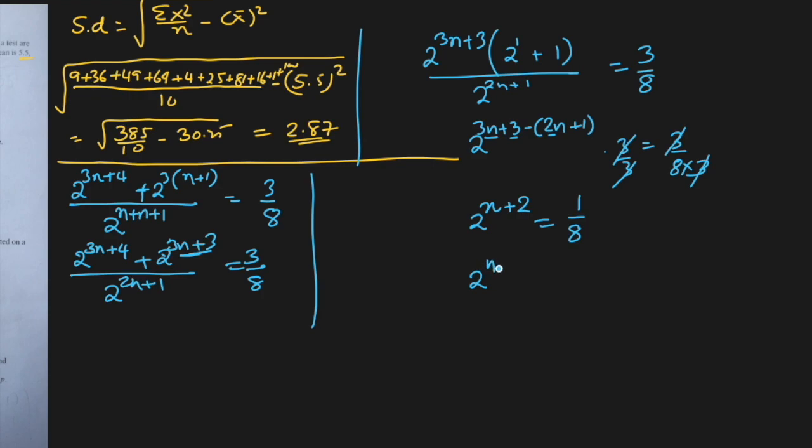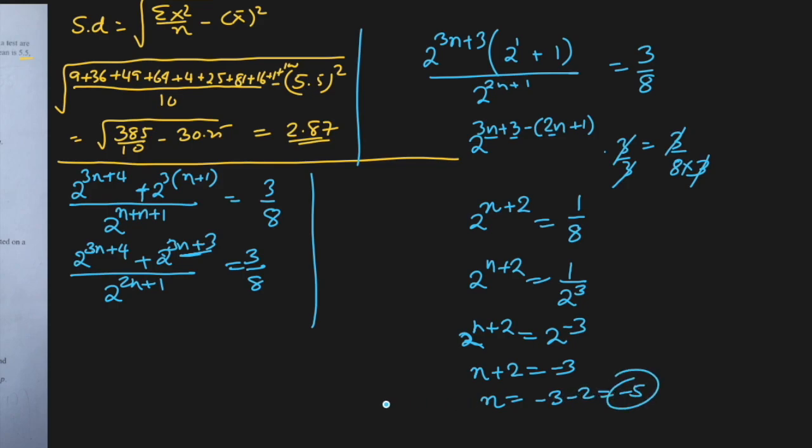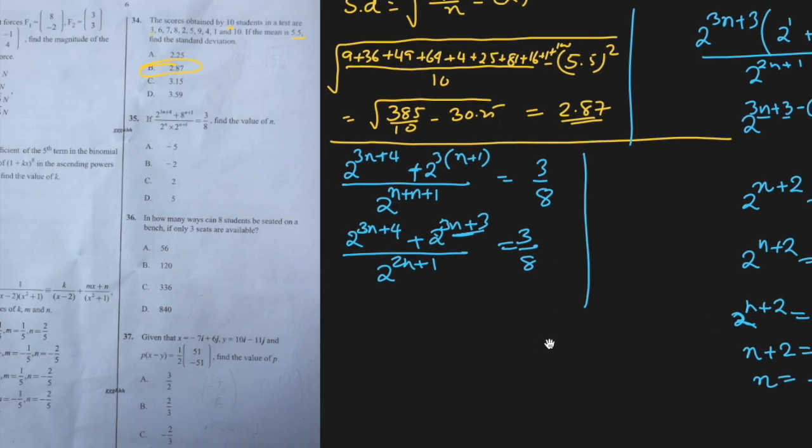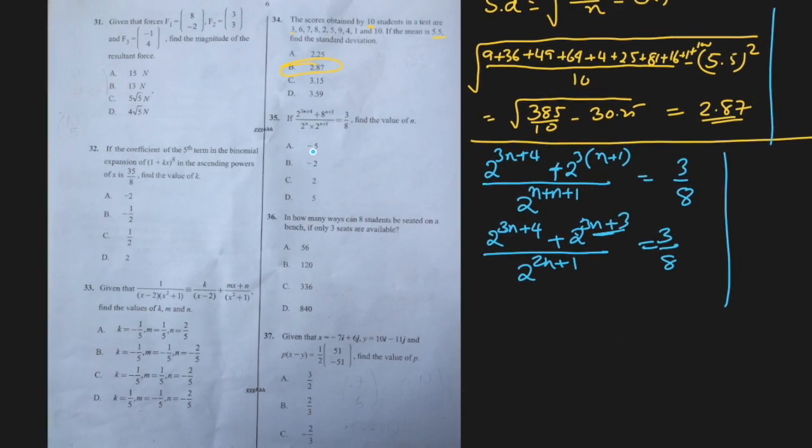So 2 to the power n plus 2. 1 over 8 can be written as 1 over 2 cube. So we can write 2 to the power n plus 2 equal to 2 to the power minus 3. Now we have the same bases on both sides. We can write n plus 2 is equal to negative 3. So n equal to negative 3 minus 2, negative 5 is the answer for this question. And we have this in option A.